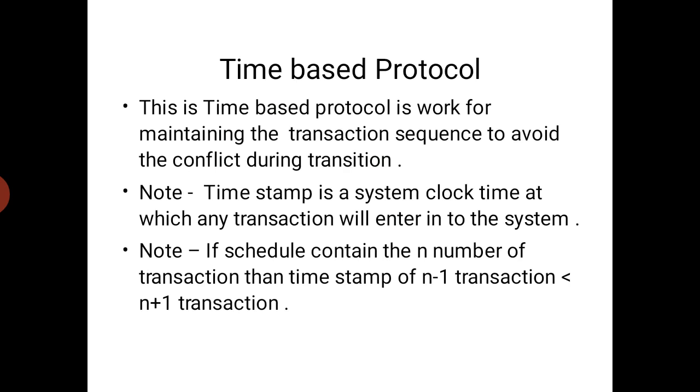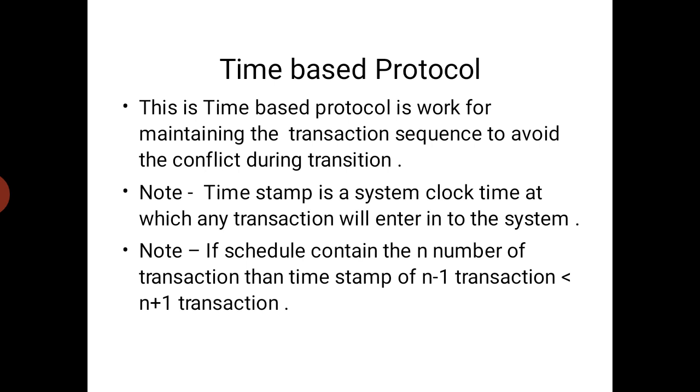In the second video we already covered the time based protocol. The time based protocol is nothing but a protocol that uses the system clock time for maintaining the sequence or order of transactions for execution or performing operations on the data item. So the main role of the time based protocol is providing the sequence or order for transactions.